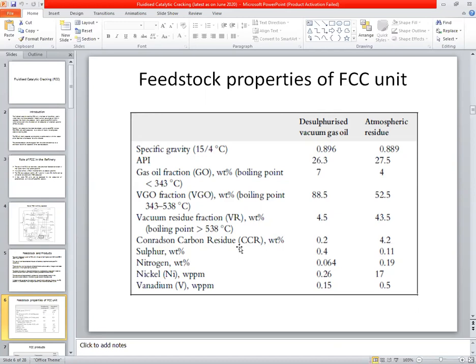Coke forming tendency. CCR is the value by which we can determine the coke forming tendency of feedstock. That is called Conradson carbon residue. Is it clear, class, to you? Yes, doctor. Okay, so this is the feedstock properties.